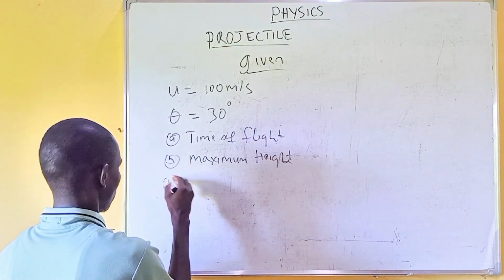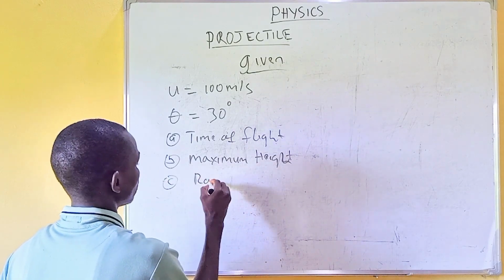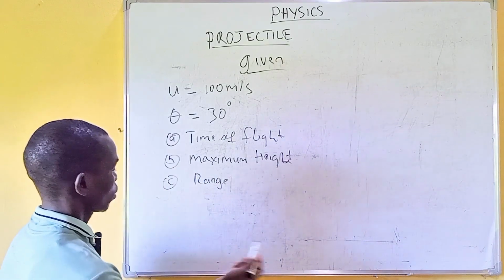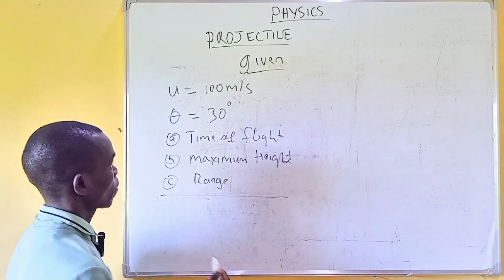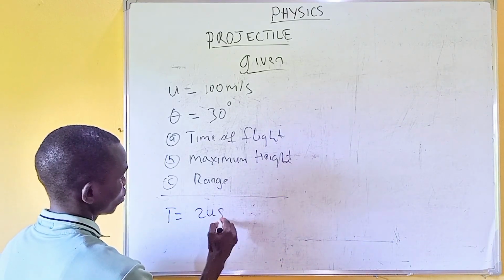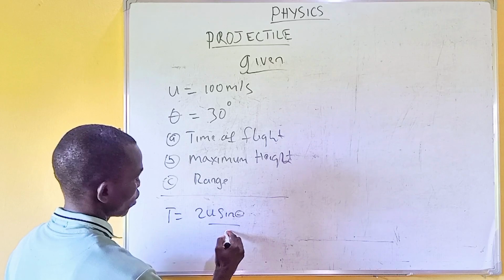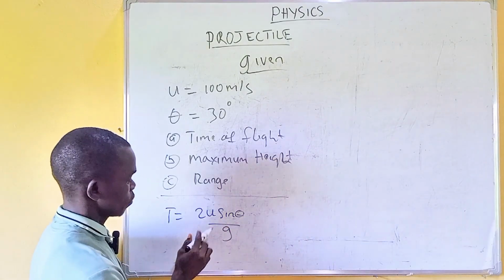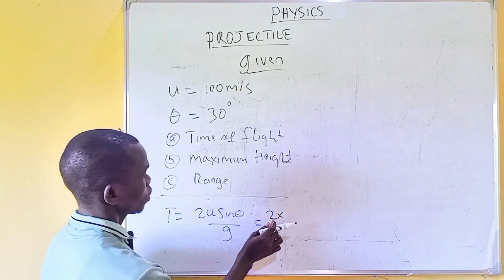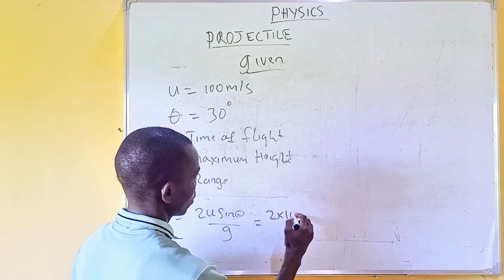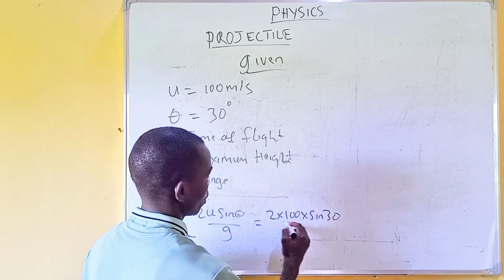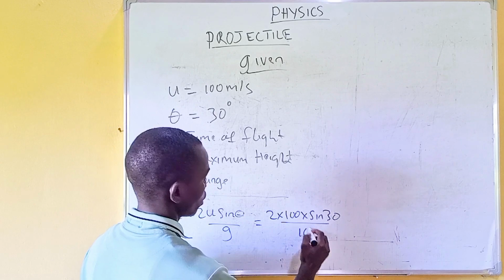And C, we are asked to find the range. So we know that time of flight is equal to 2u sine theta divided by g. This will now be equal to 2 times the initial velocity, which is 100, times sine 30 divided by 10.